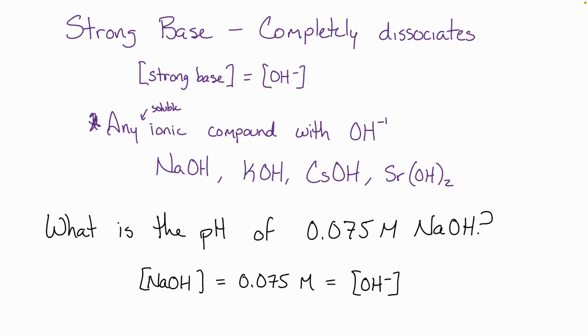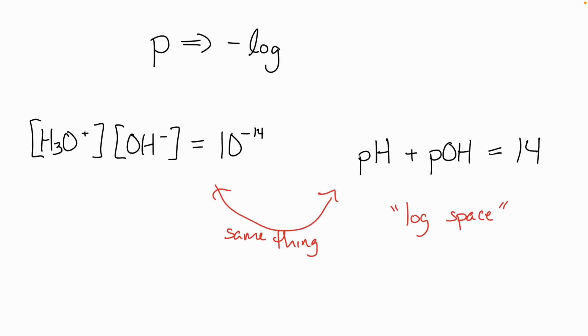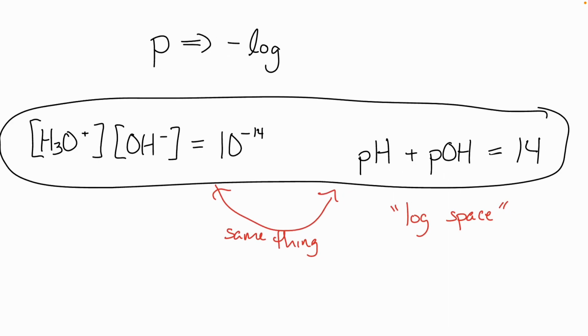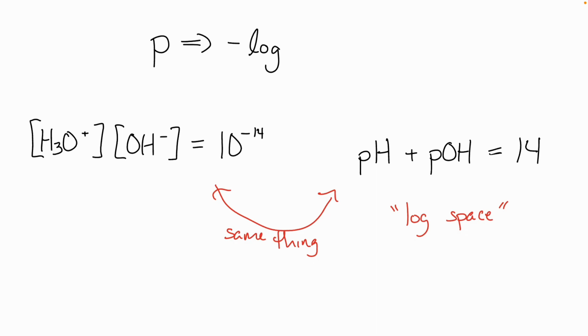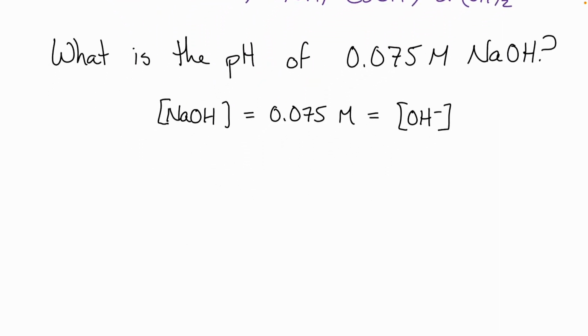If we look back at those formulas we were talking about at the beginning, I'm going to have to use this auto-ionization relationship. That tells me if I know the concentration of OH, I can always find the concentration of hydronium, because those products have to be equal to 10 to the negative 14. So given that I have this OH concentration, I can use this relationship here.